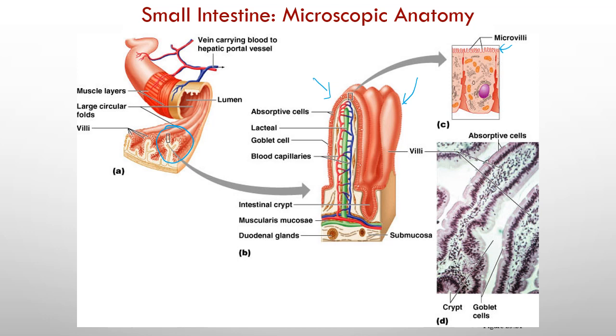Make sure that we're getting everything absorbed possible. So although to the naked eye it's going to look relatively smooth, when we look at it on the microscopic level, we have all kinds of infolding of the surface of the small intestines, all making it possible for us to potentially have absorption of every nutrient that we can.